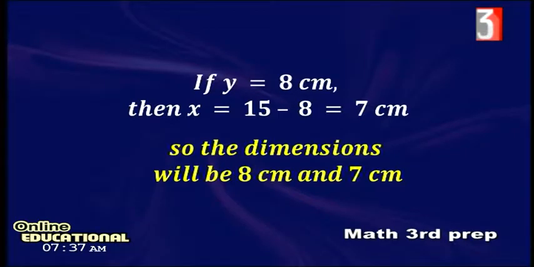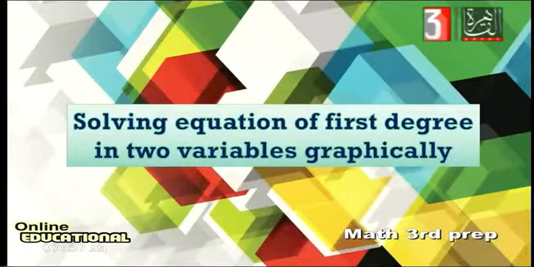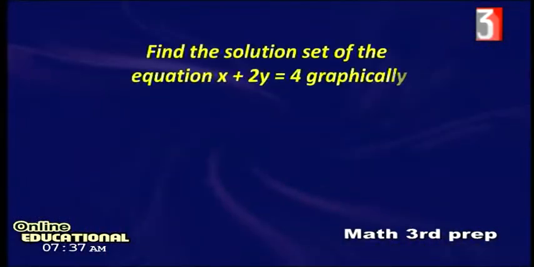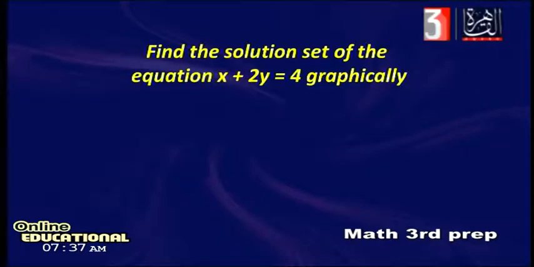Then, how to solve an equation of the first degree in two variables graphically? Let us have the first example. Find the solution set of the equation x plus 2y equals 4 graphically. First of all, to draw any equation, you must have ordered pairs for the values of x and y which satisfy the equation x plus 2y equals 4.